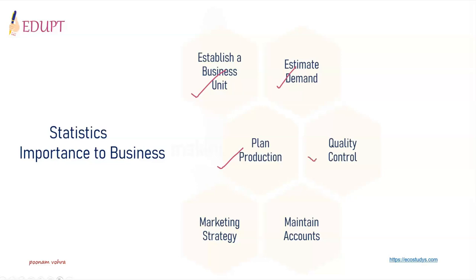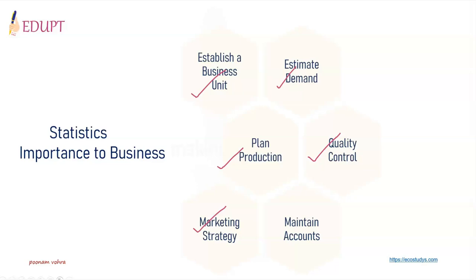And then various statistical techniques are required to control the quality of the product manufactured by the firm. And then before a product launch, various statistical techniques are used to analyze data on preferences, purchasing power, competitors, pricing, and so on. So one needs to study the possible market potential for the product.